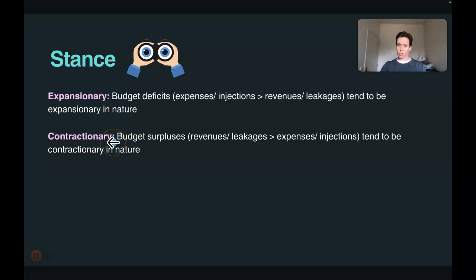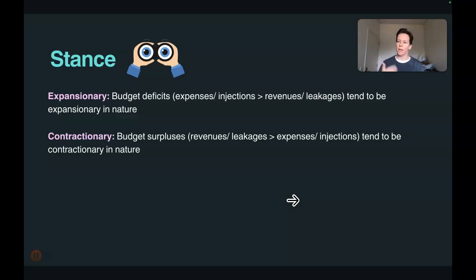In terms of a contraction, it's going to be the opposite. Budget surpluses tend to be accompanied by contractionary stances. So once again, if you've got a budget surplus, your revenue is greater than your expenses, i.e. your leakages are greater than your injections, okay? And that goes hand in hand with this idea of trying to dampen the economy and take on that contractionary stance. So these are really the two outcomes, because it's important when you see the number and you go, right, the budget outcome for the year is positive or negative.